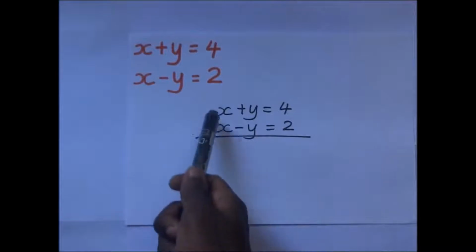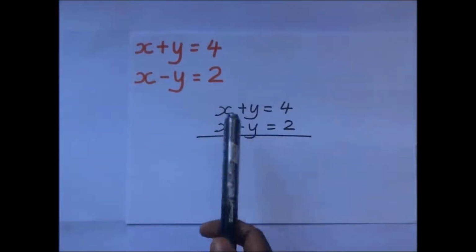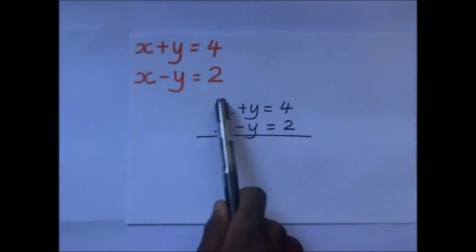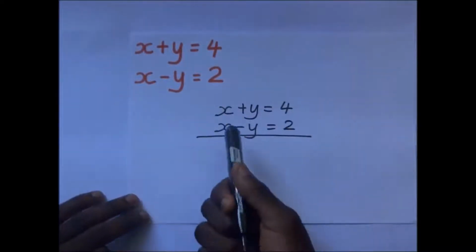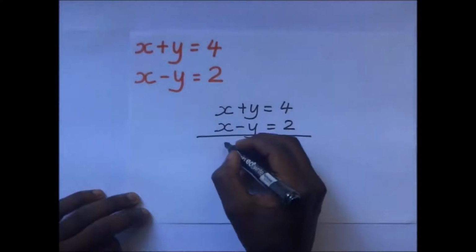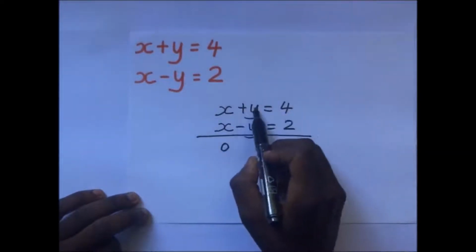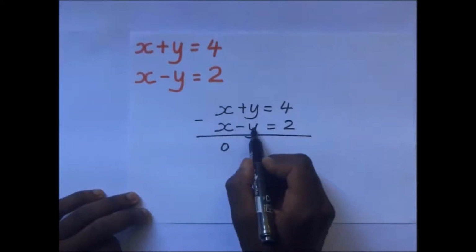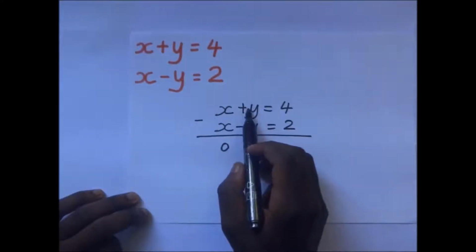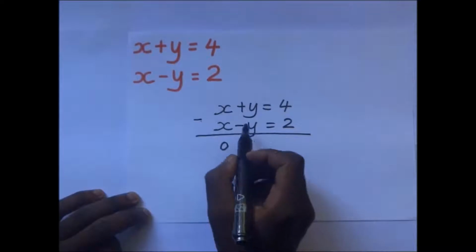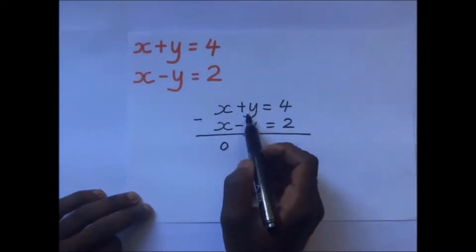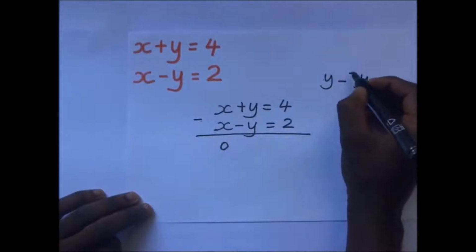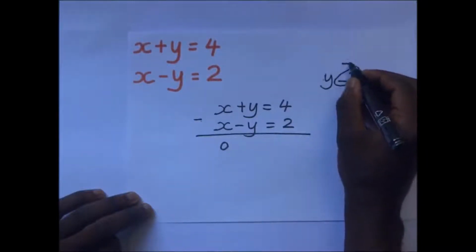So since x minus x gives us 0, we are going to do it throughout. We are going to subtract this from that. So x minus x is 0. Then this is positive y minus negative y. Now remember, this is positive y minus negative y. It's like saying y minus negative y, and of course, this minus turns into plus.